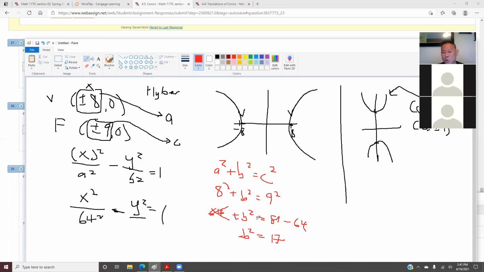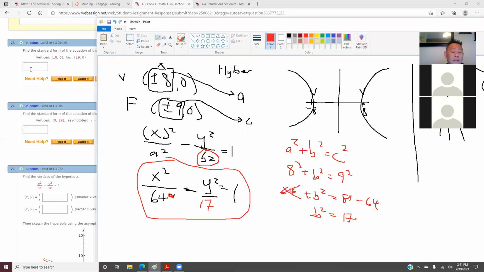You do not need to take the square root of it, because this formula is asking for b squared. Because our b squared is 17, so this is your 17. There's no square root. So this is the equation of your hyperbola: x squared over 64 minus y squared over 17 equals 1.